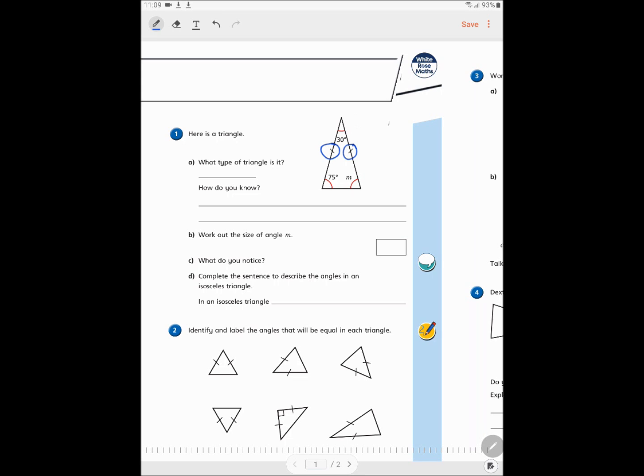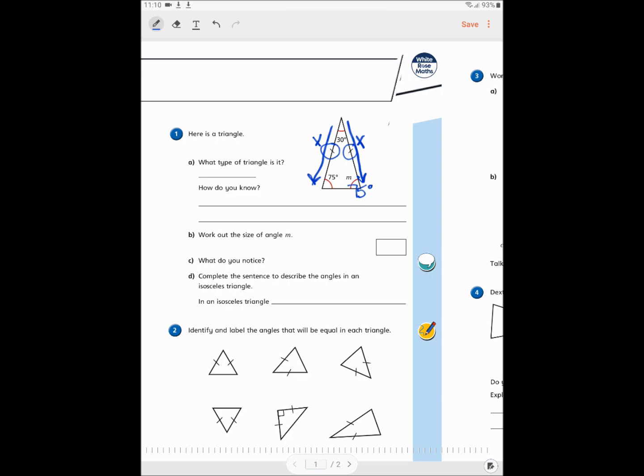This side and this side are the equal sides, and at the point where they both join this bottom line, those angles will be the same. So if this one is 75, M must also be 75 degrees. And that's a key thing to remember, that an isosceles triangle has 2 equal sides and 2 equal angles.